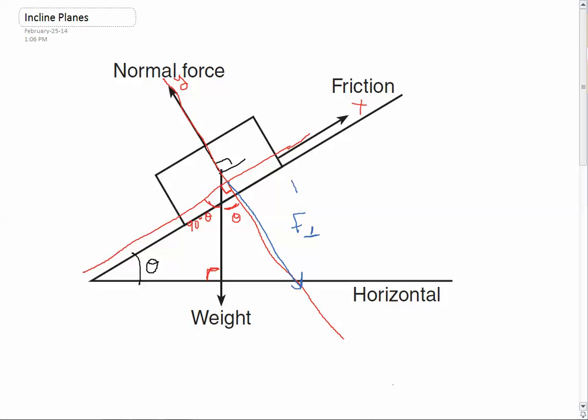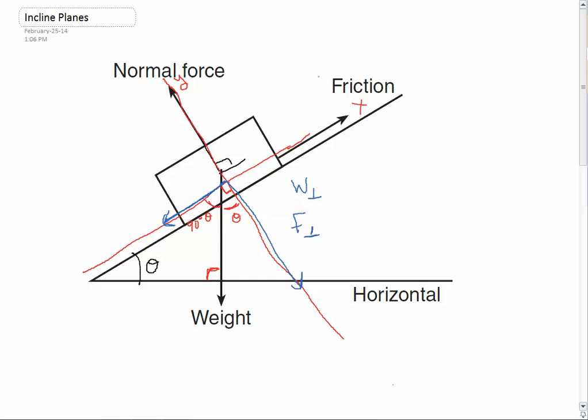Some people call it the weight perpendicular. But it's the component of the weight, or the component of the force of gravity, that's acting perpendicular to the plane. And then we have a component of that weight that's pulling down the plane, right down the plane like that, acting on the object and pulling it down the plane.